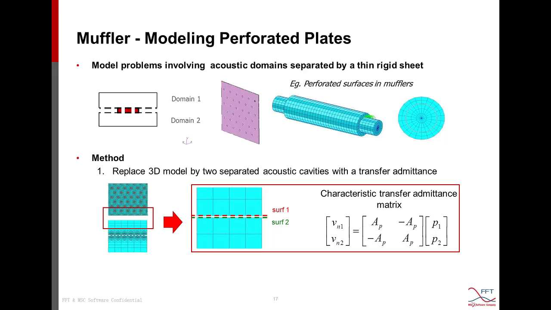Instead, we use an acoustic transfer admittance method, using this relationship between the acoustic velocity and pressure across this perforation. We could model the equivalent behavior of the perforation, including the viscous damping through this perforation.